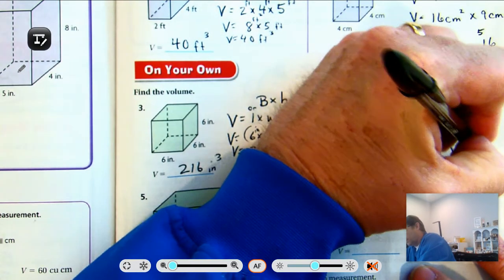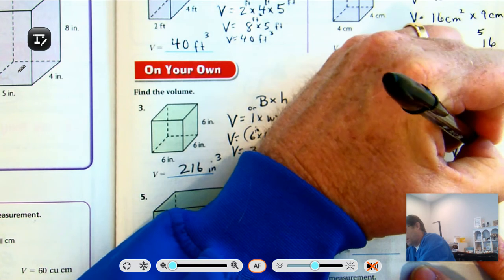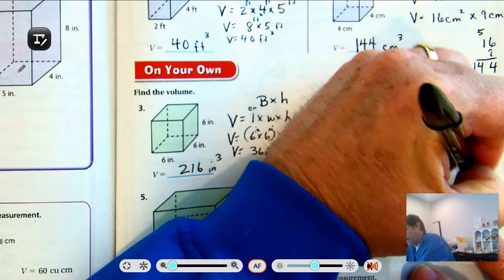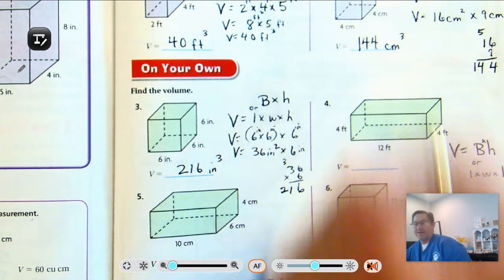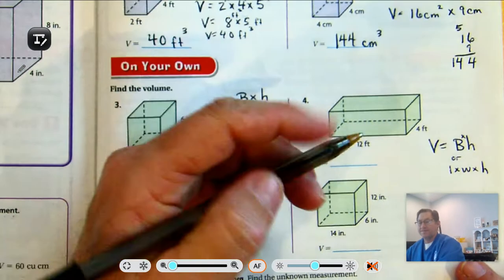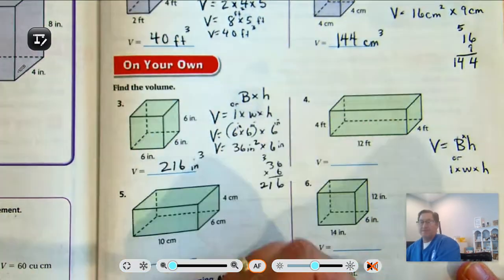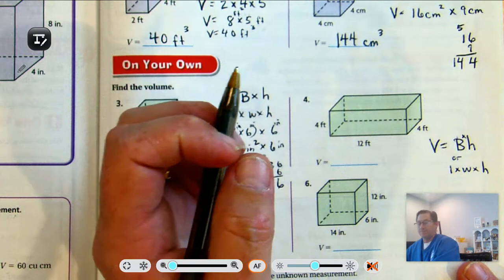Number 4. Volume equals base times height, or length times width times height. They mean the same thing. I could just go 4 times 12, which is 48. That would be the base, and 48 times 4.